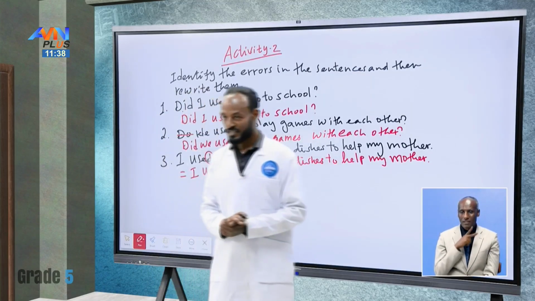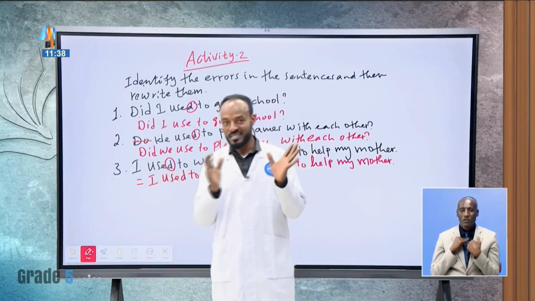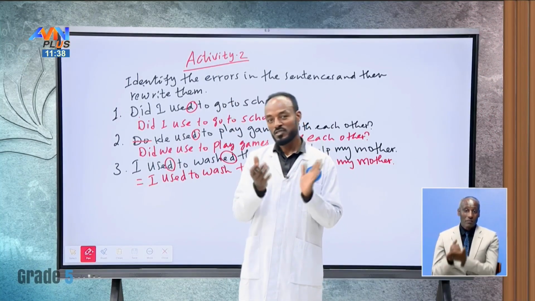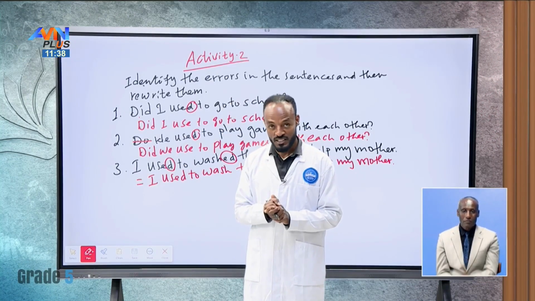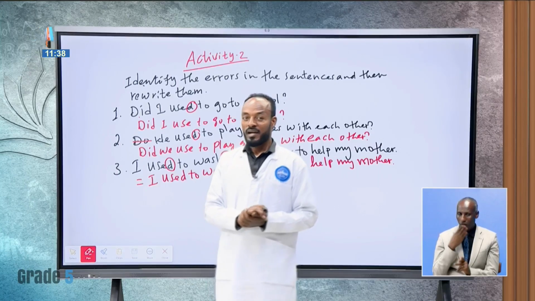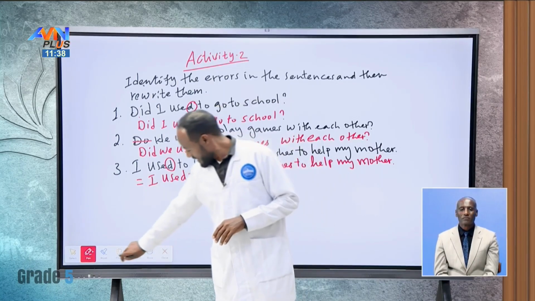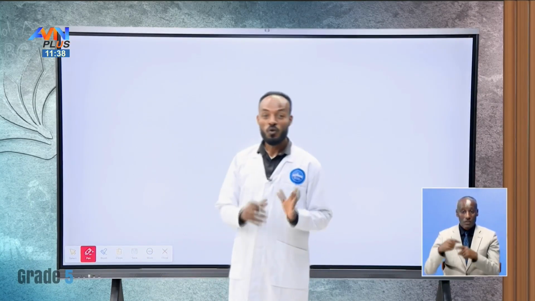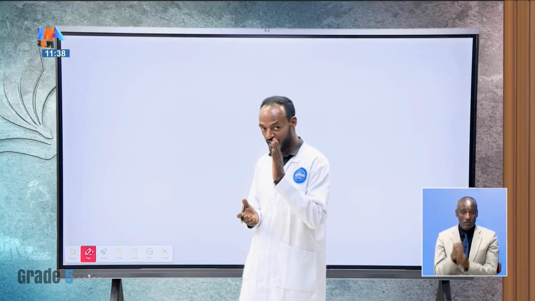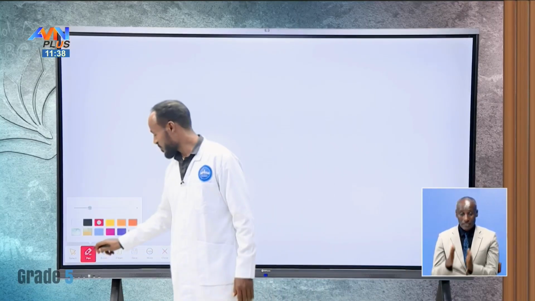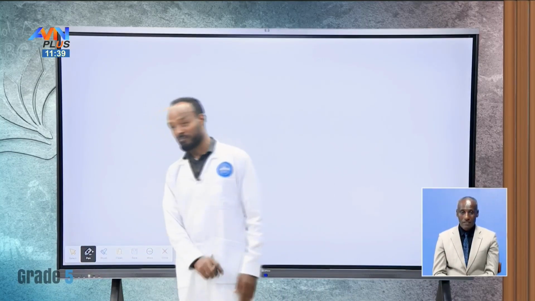Students' parents, I hope you're just helping your children. Isn't it? Bravo. Okay, now I'm going to give you homework. Ready? Bravo. This homework should be practiced at home. Don't forget.